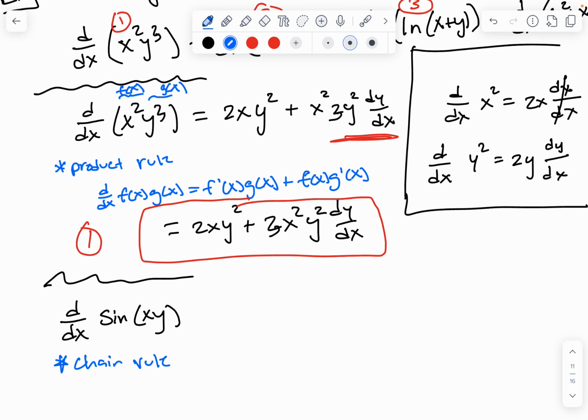So the derivative of sine xy would be cosine of xy, because the derivative of sine is cosine, keeping the inner part the same, multiplied by the derivative of the inner, which is xy. So again, chain rule is the derivative of outer multiplied by the derivative of inner.